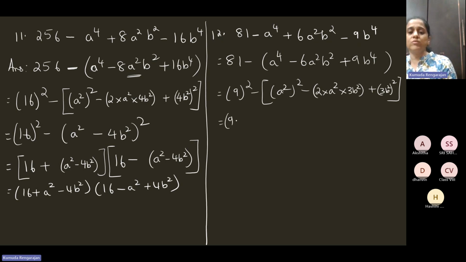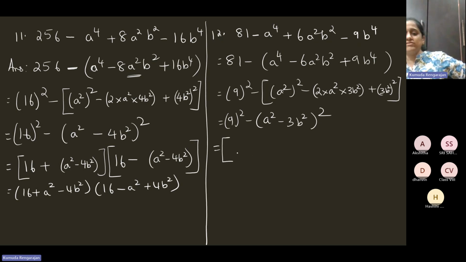So 9 the whole square minus this is a square minus 2ab plus b square. So a minus b the whole square. A square b square minus 3b square the whole square. Very good. Next, now it's of the form a squared minus b squared. So a plus b into a minus b.